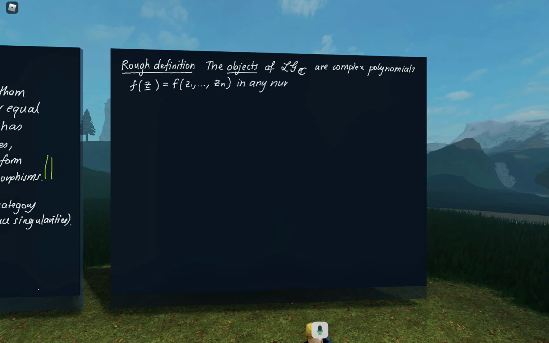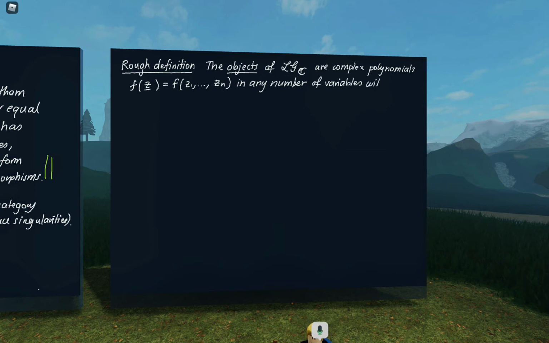Okay, so the objects are very simple, just polynomials, all polynomials, including 0. Well, sorry, not all polynomials. They need to satisfy a condition I'll specify in a moment, but 0 is among them, and it's not a complicated condition.